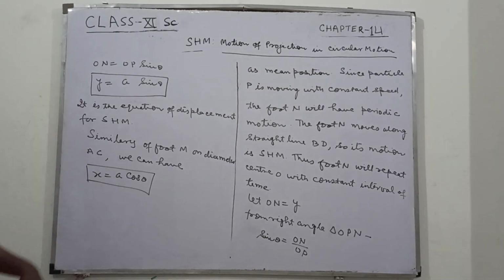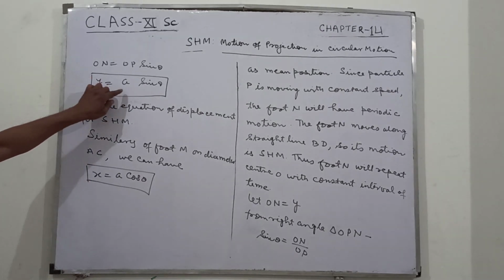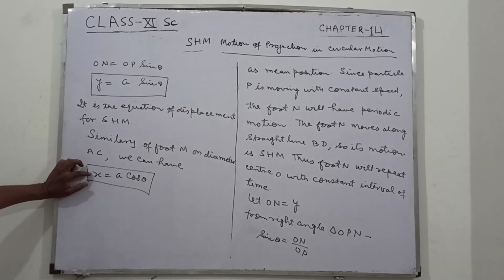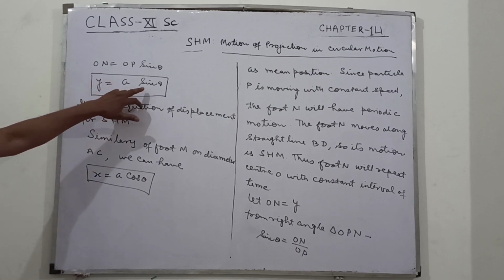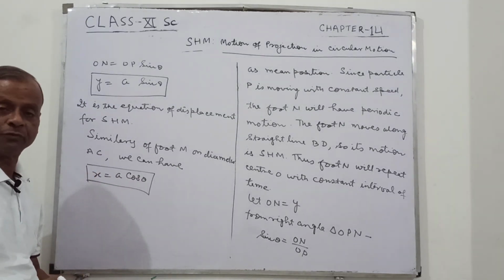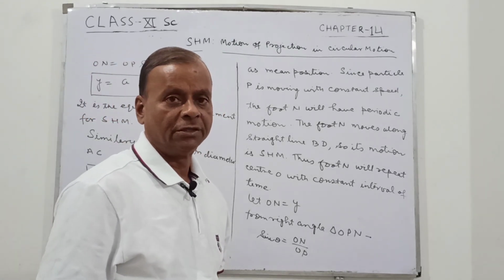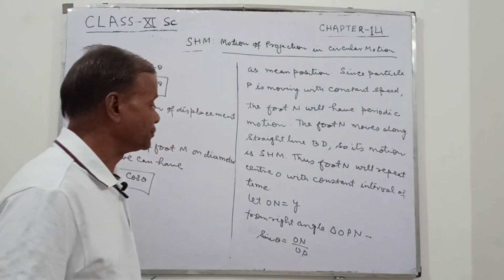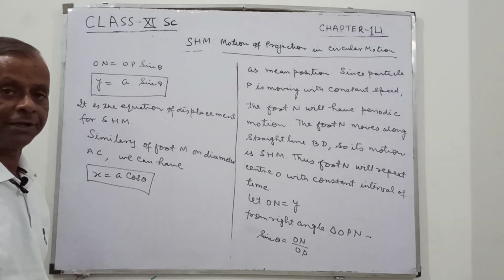So all these terms show that if we take the displacement y, then this is a sin theta. If we take x, then this is a cos theta. So all these are periodic functions of theta. Either we have sine or cos, they always show simple harmonic motion. So all those equations which are periodic functions of the angle, sine or cos, always show the simple harmonic motion of the particle.